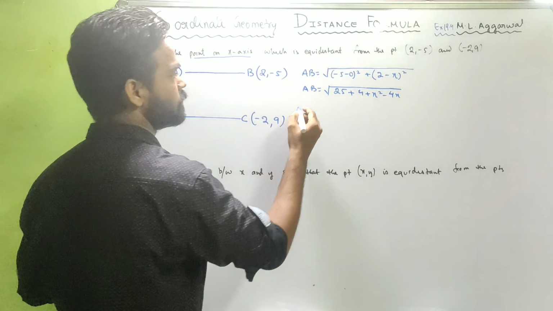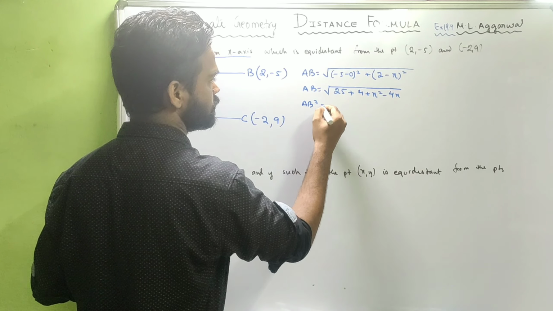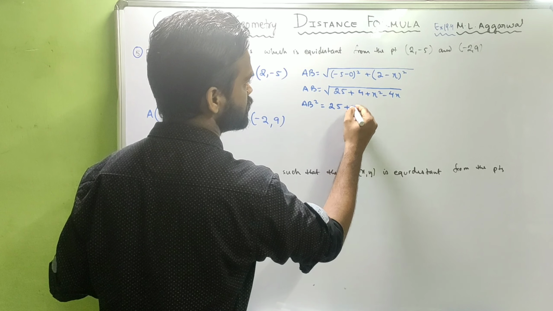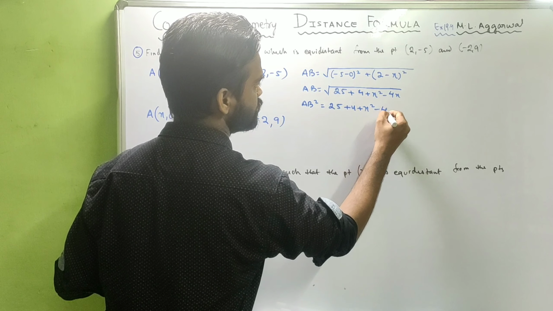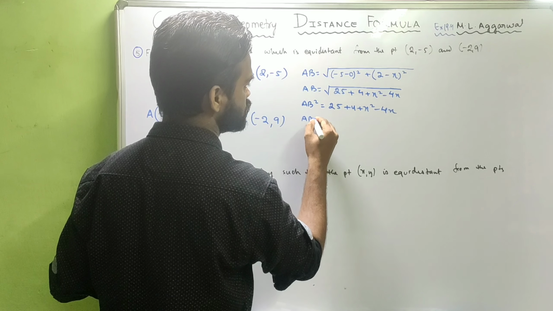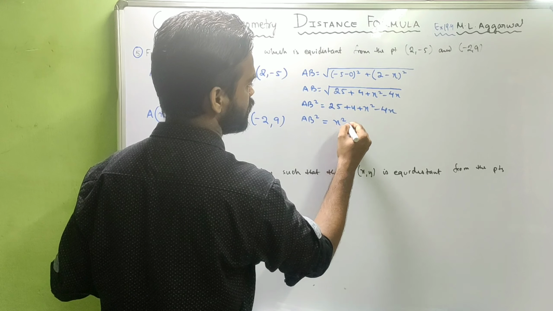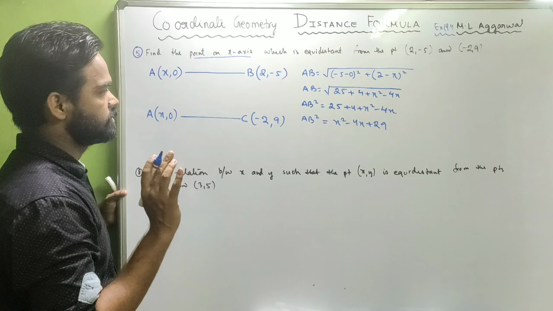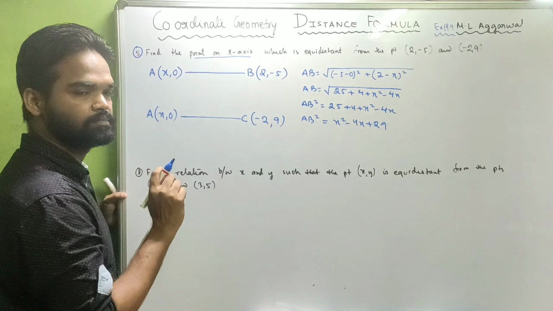Done. So your AB square will be 25 plus 4 plus x square minus 4x. So your AB square is x square minus 4x plus 29. Keep it till here.